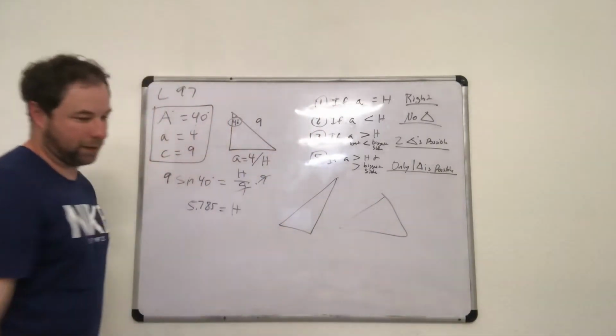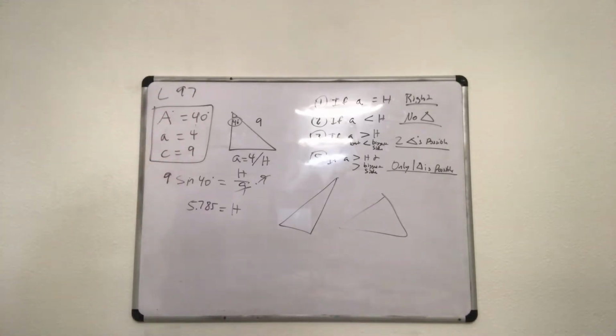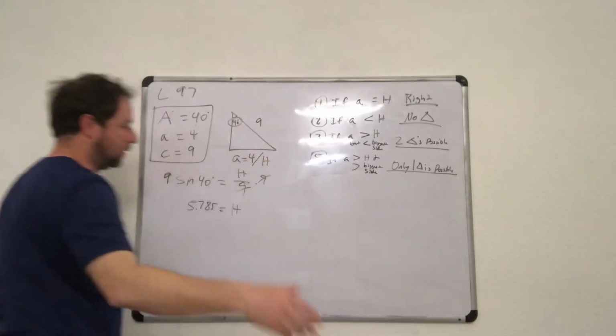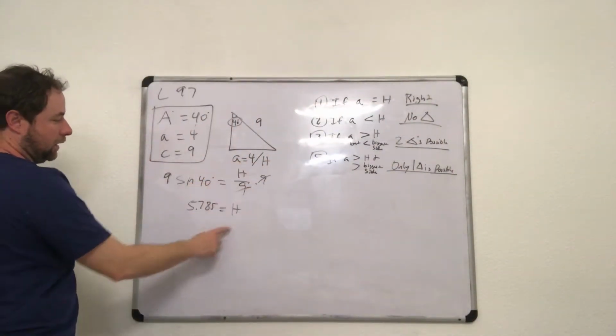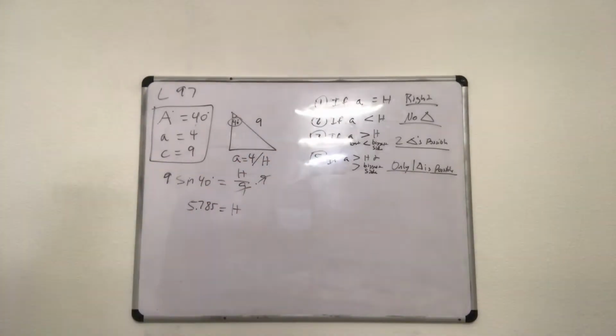Strike that, I read that wrong. It is not those. I said that wrong. A is less than H, so it is no triangle.